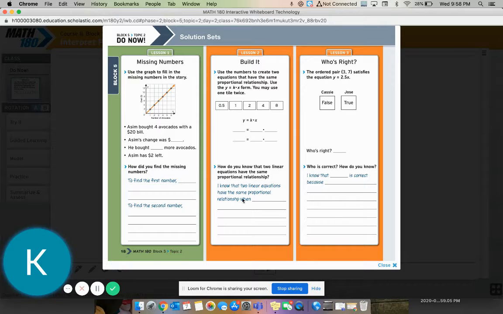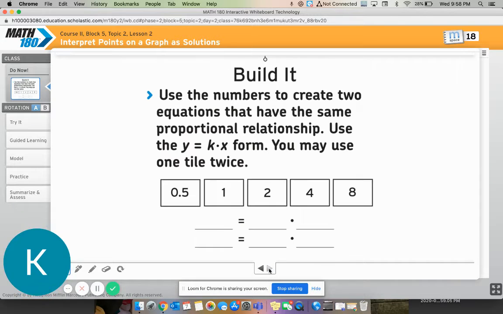The first do now that we're going to be doing is this center column here. Okay? So this is your problem. We have used the numbers to create 2 equations that have the same proportional relationship. Use y equals k times x form. You may use one tile twice.